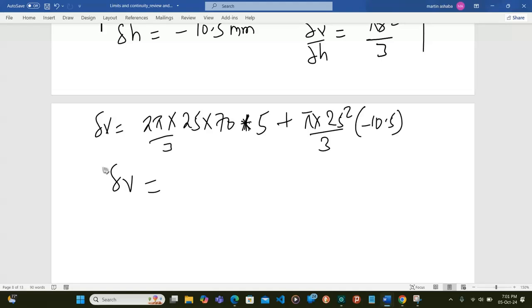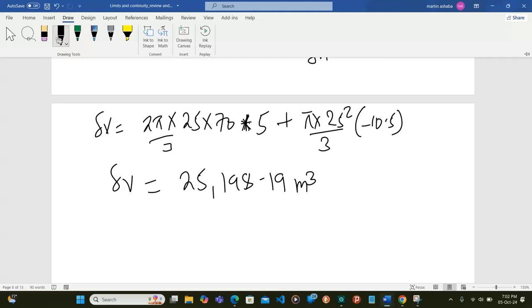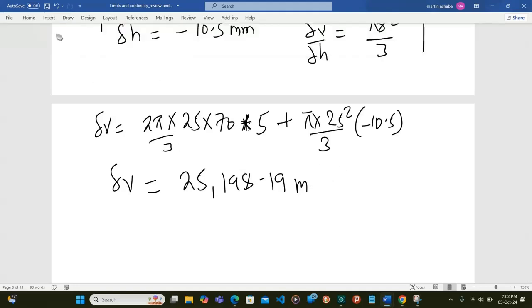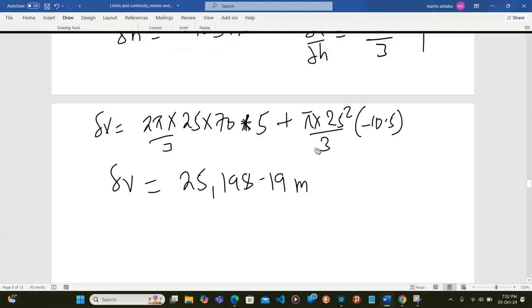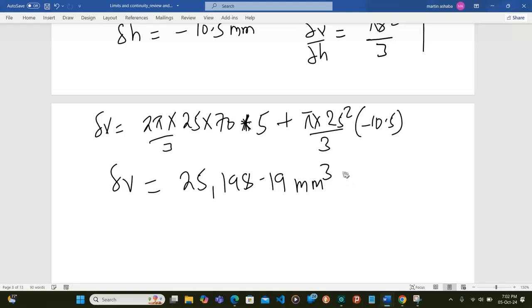So I'm getting 25,198.19 cubic millimeters, please. It's cubic millimeters. So this is the increase.